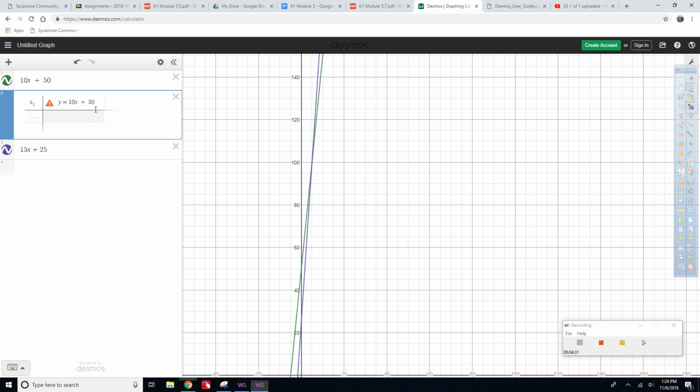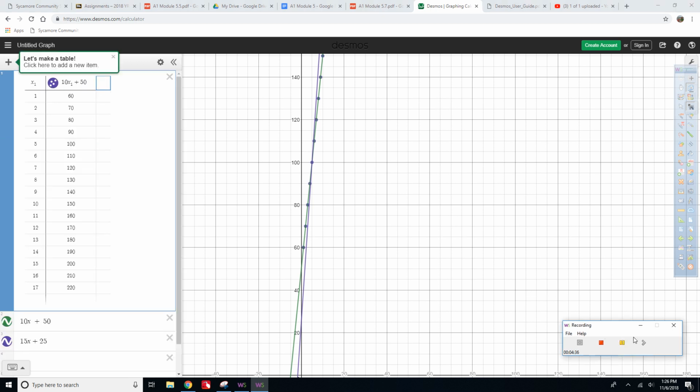Is that what it wants? Nope. Okay, so look, here's what I did. I'm making a double table here. To show you how to do this, I'm going to go 15, and then 15, let's see. Come on.